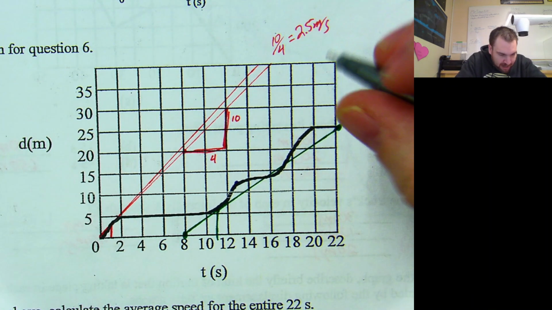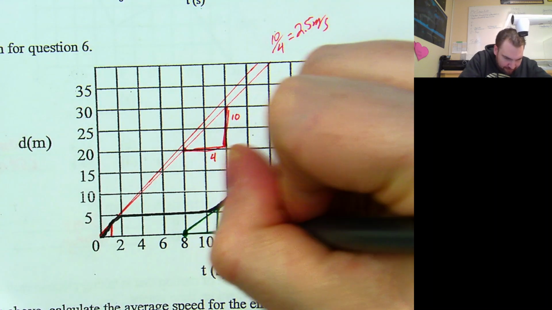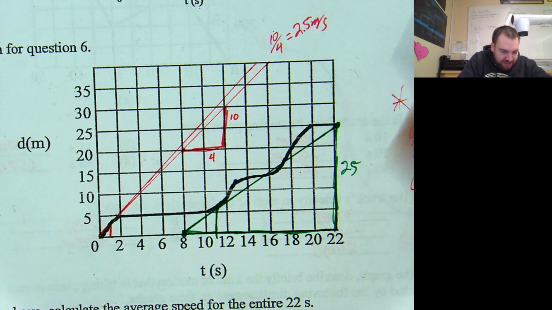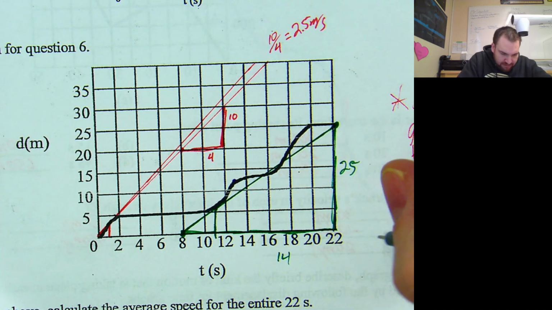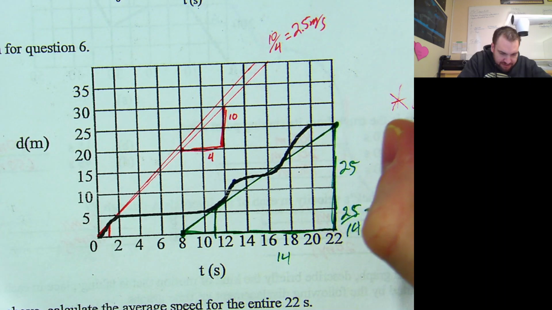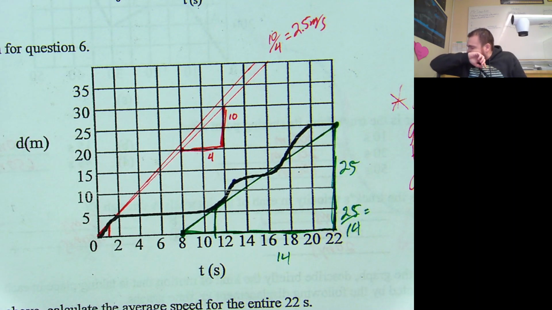So then my rise is 25, and my run is 8 to 22, which is 14. So it's going to be 25 over 14, which doesn't divide evenly. What's 25 over 14? 1.79.